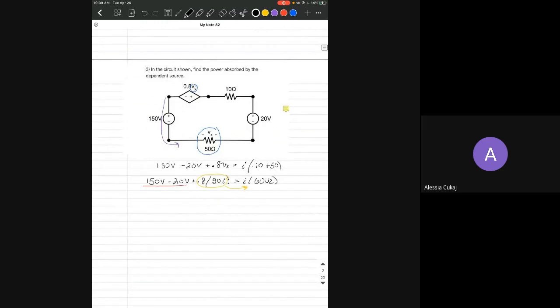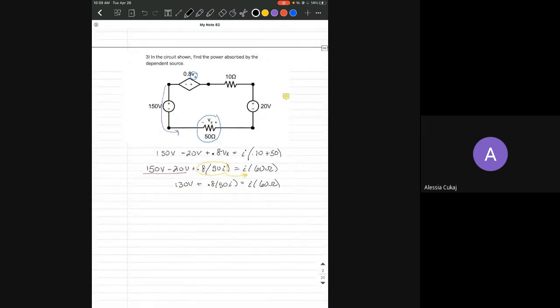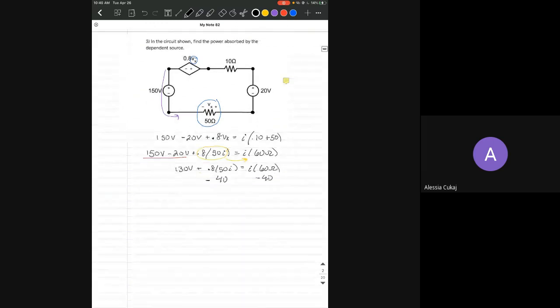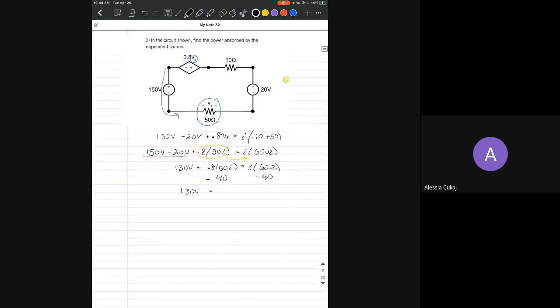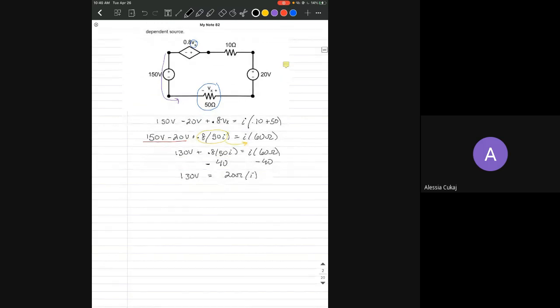So 130 volts plus 0.8 times 50 I is equal to 60 I. Now 0.8 times 50 is 40, so we're going to subtract 40 here. And then we're given 130 volts is equal to 20 resistance times I. So now we just solve for the current I.